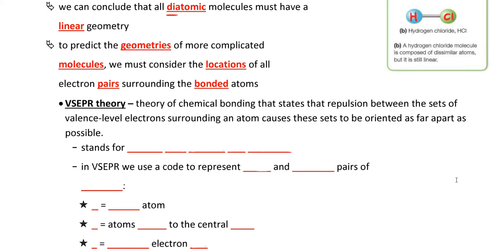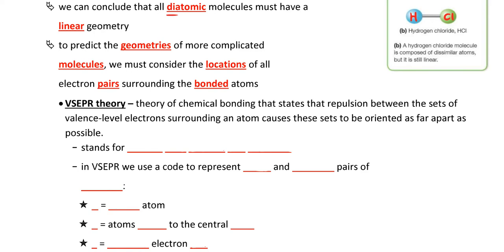So when we drew Lewis structures, we did have to take into account the unbonded pairs of electrons, and we had to draw them in as the little dots around the different elements in the chemical compound, but we didn't really have to do much more than that. When it comes to molecular geometry, we actually have to look at those unshared pairs and make some determinations about them, and it actually affects the geometry of the molecule.